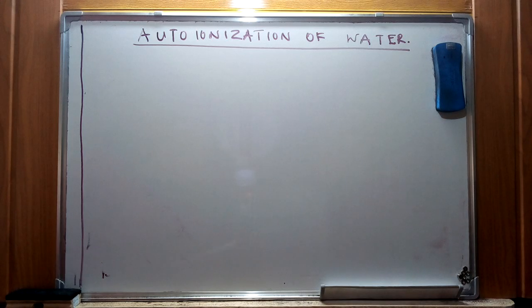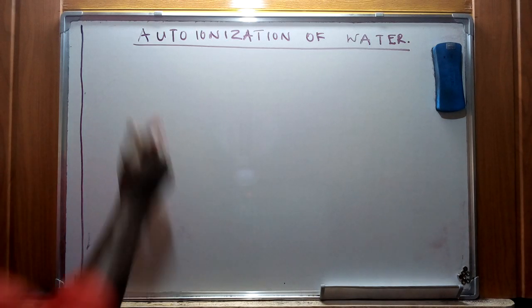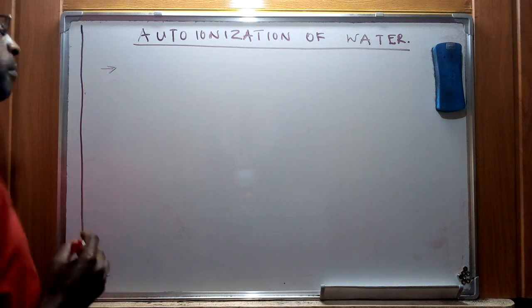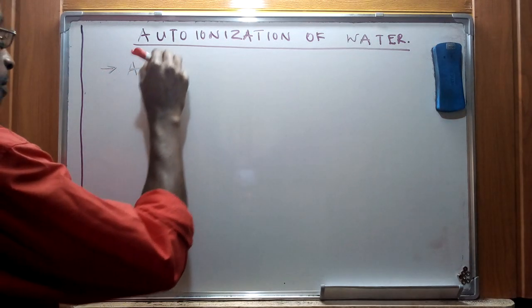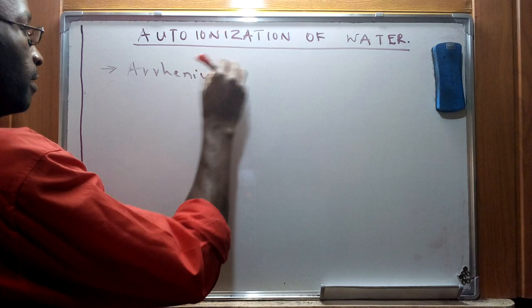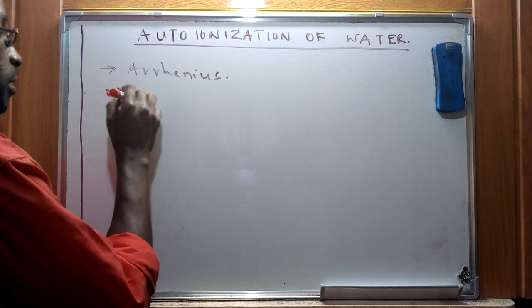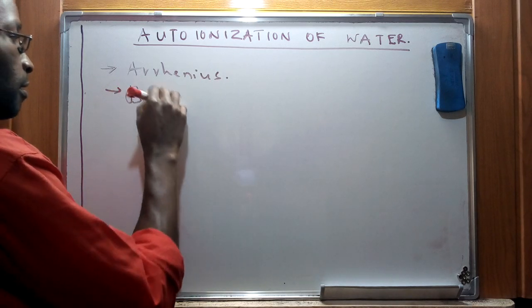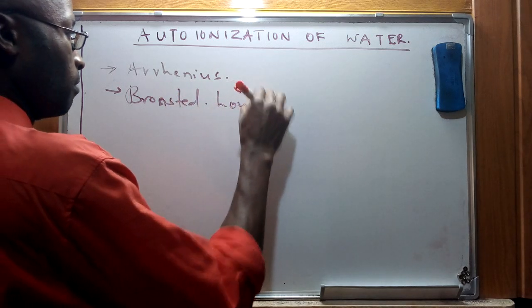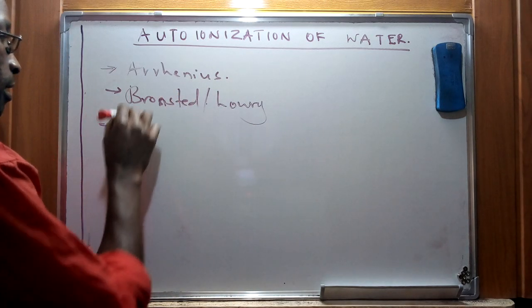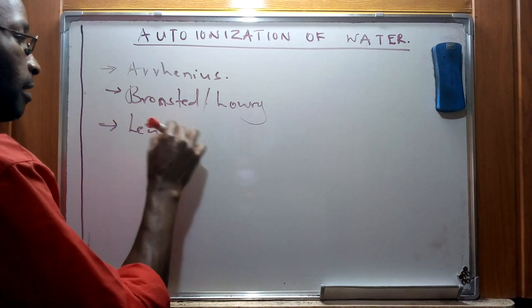If we look at our previous definitions, we had given a definition of an acid and base from the Arrhenius perspective, then we talked about the Bronsted and Lowry definition, and next we had looked at the Lewis definition of an acid or a base.